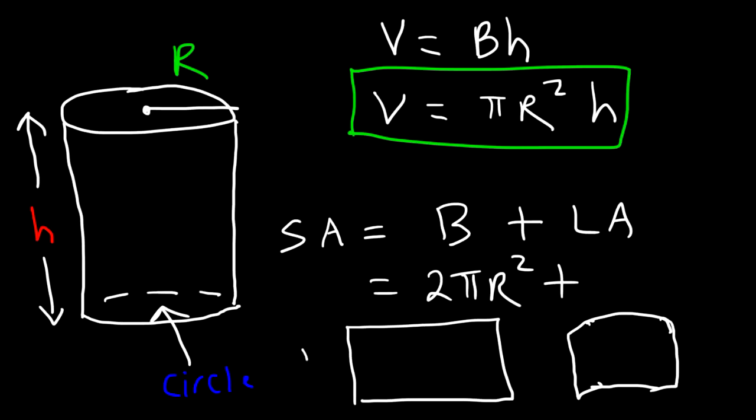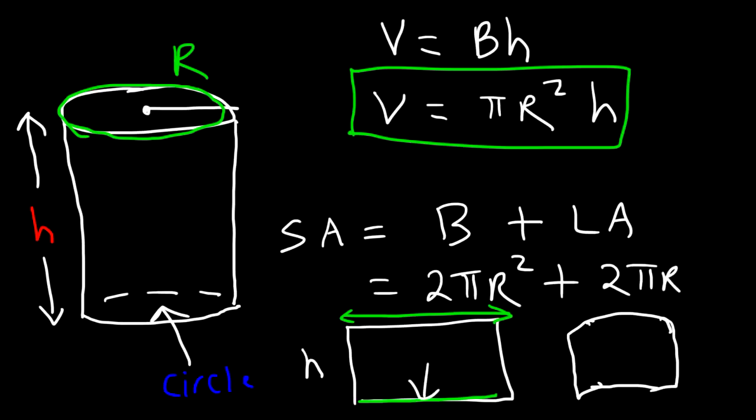And we know this is H. And the length, if you roll it up into a cylinder, that length highlighted in green becomes the circumference of the cylinder. So basically it's the perimeter around the circle. So therefore, it's going to be the circumference 2 pi r, which represents the length in green, times the height.